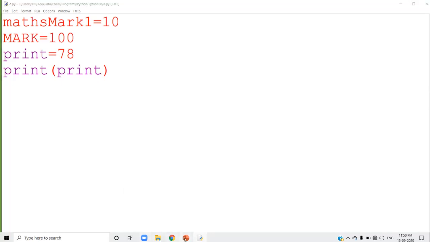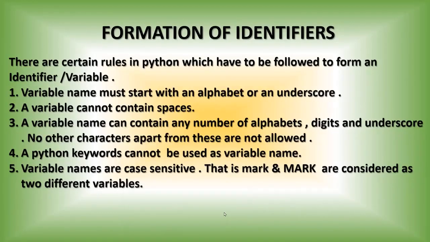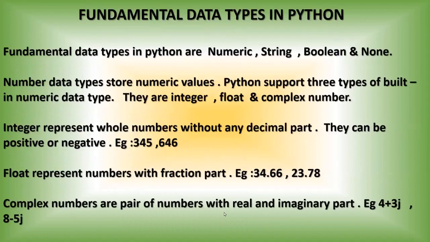And the next topic in this class is the fundamental data types in Python. In Python, there are 4 different data types. Data type means the type of value that is stored in a variable.